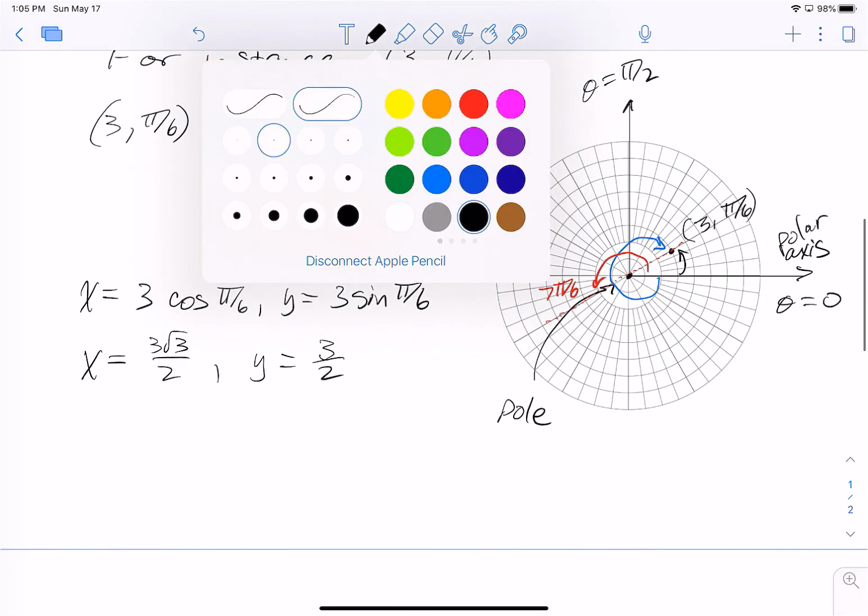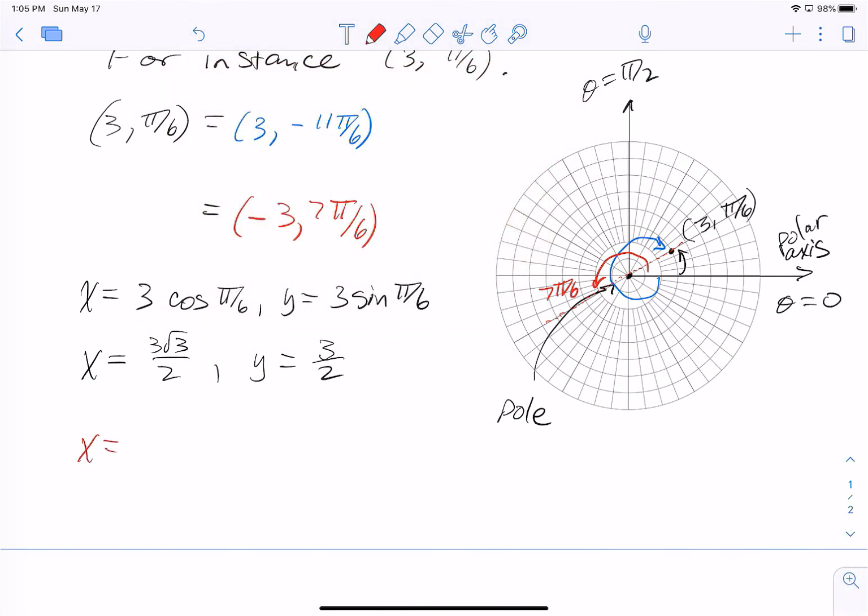If we use that negative 3, then we'd be saying that x is equal to negative 3 times the cosine of 7 pi over 6, and y is equal to negative 3 times the sine of 7 pi over 6. And you will find that we end up with the same coordinates.